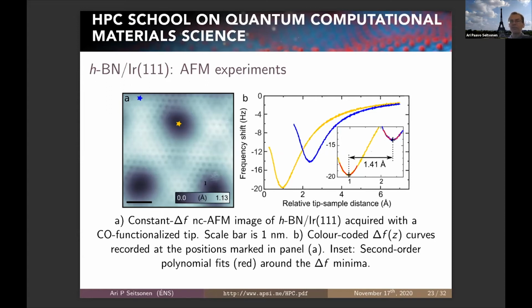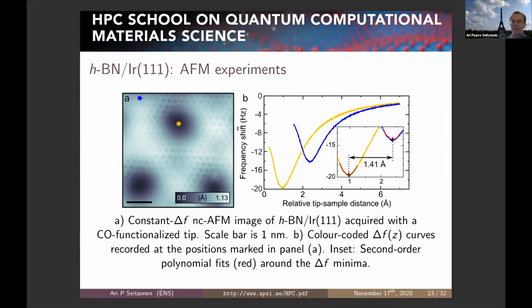That comes from the different lattice constants of the hBN and the iridium in the lateral direction. And then what they measured here, with atomic force microscopy, was the corrugation, so the height between the spots here and here. This is something which can be measured in AFM, maybe not many other things quantitatively, but this they can measure quite well.